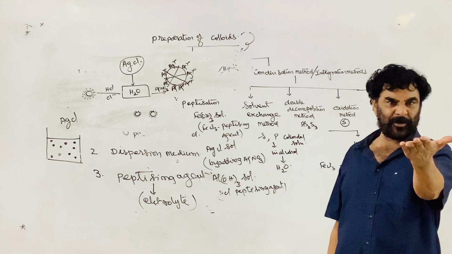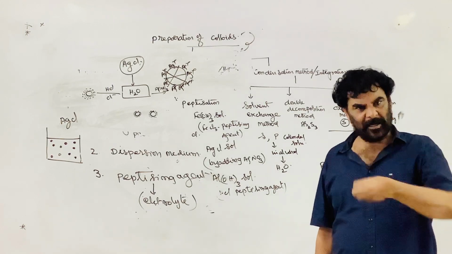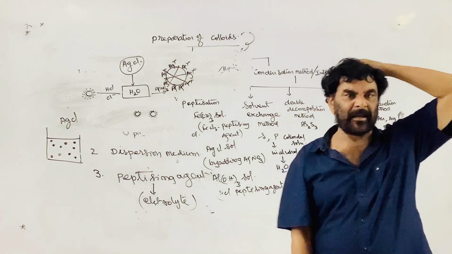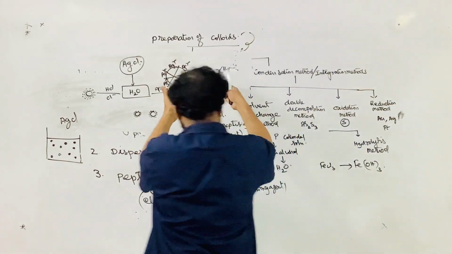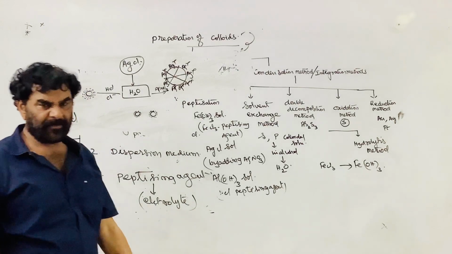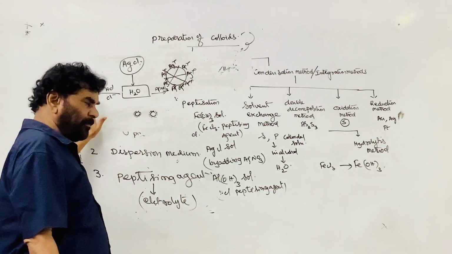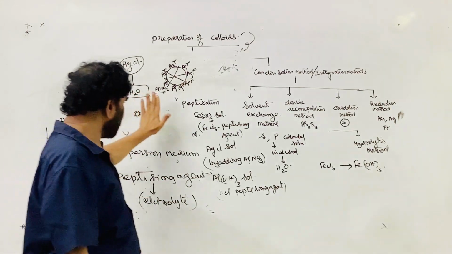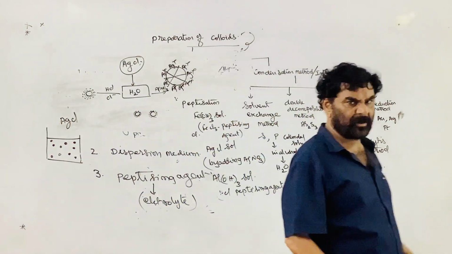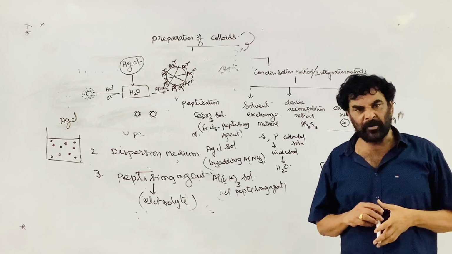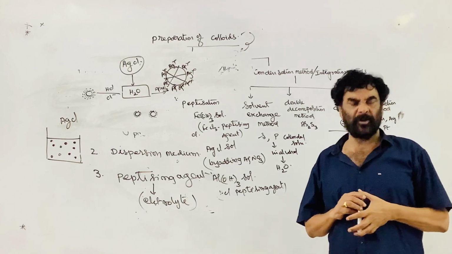I told you a colloidal solution is equivalent to a solution; it looks like a true solution. So these are peptization. The processes of conversion are mechanical dispersion, electrical dispersion, and the Bredig arc method. Peptization procedures are used to prepare lyophobic colloidal solutions.